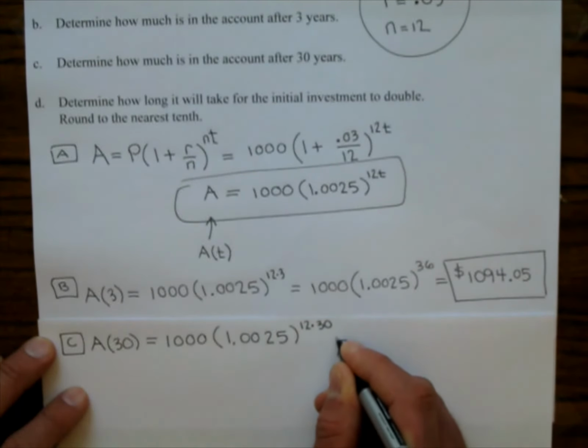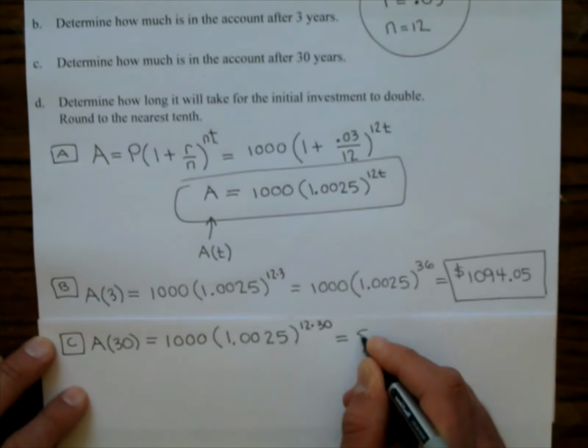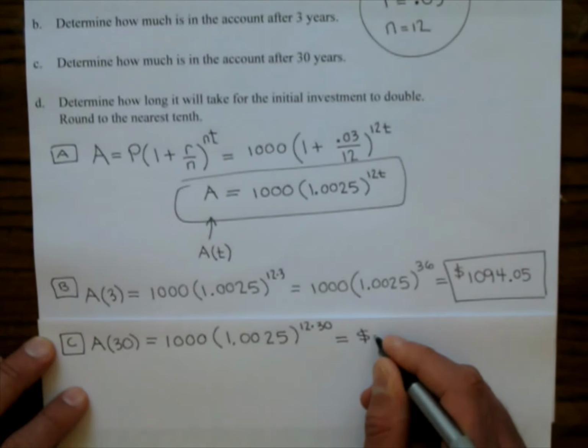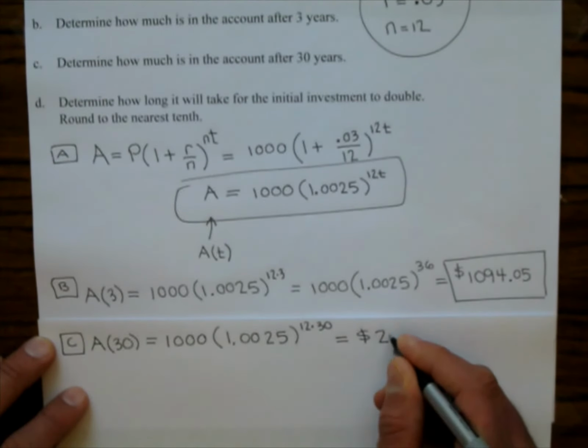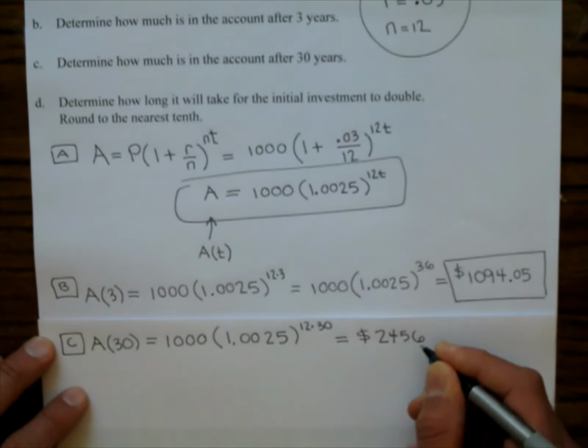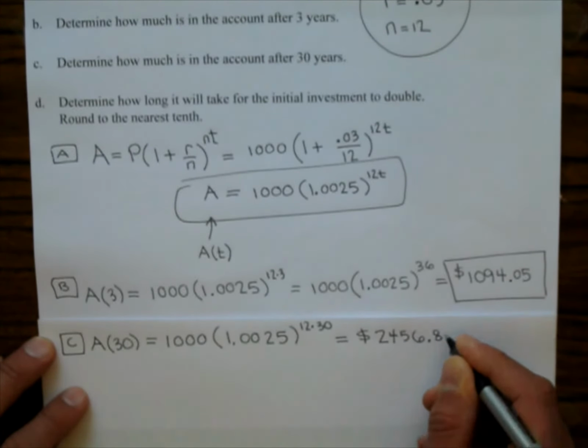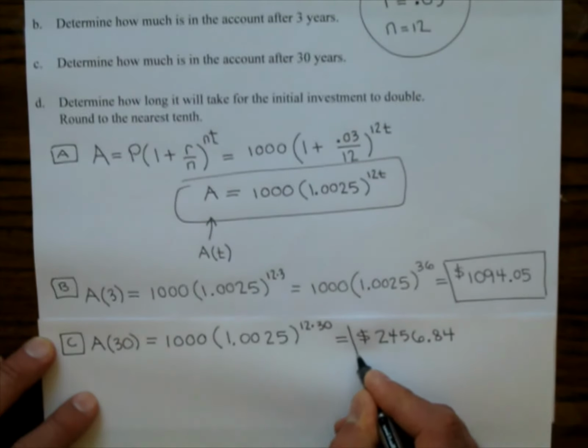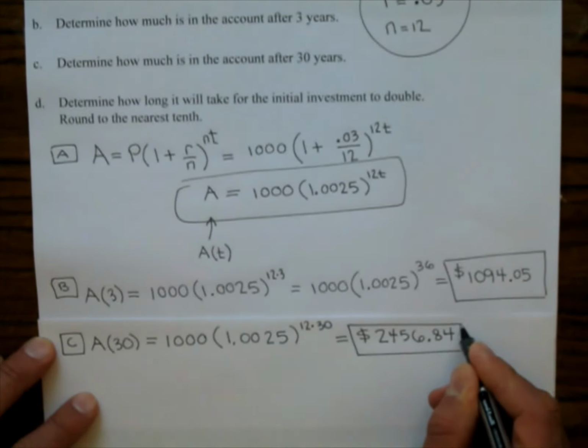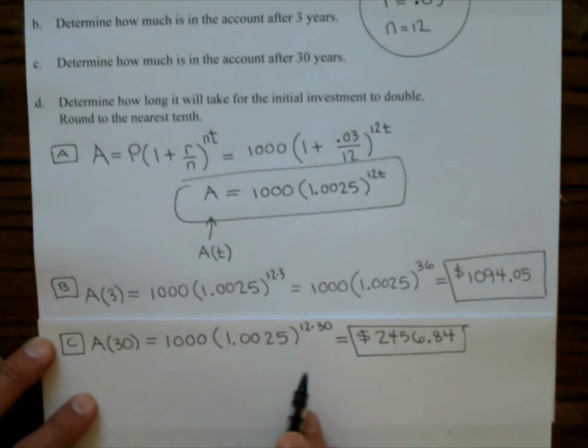I've already done this calculation, and I ended up getting on my calculator after 30 years $2,456.84. So your money more than doubled when it hit 30 years. Your original investment, and you can't see it because it's way up there, was $1,000.